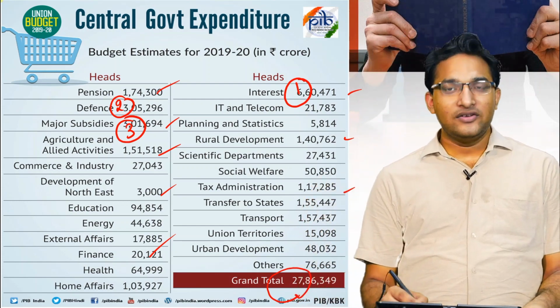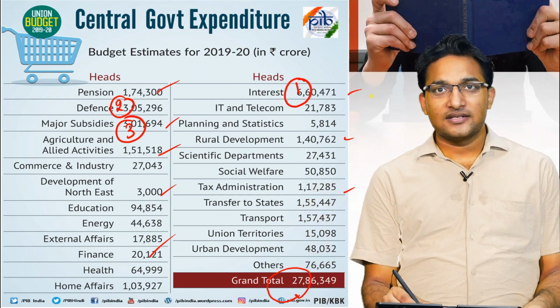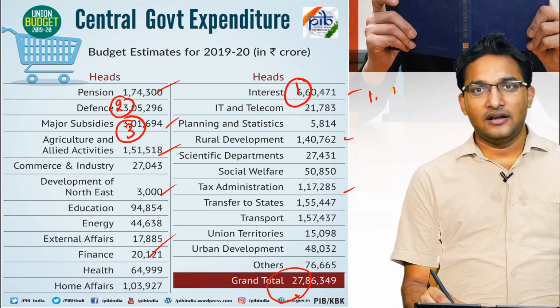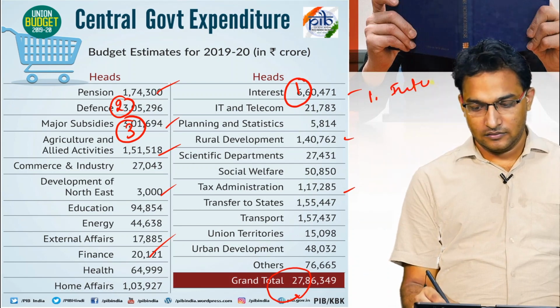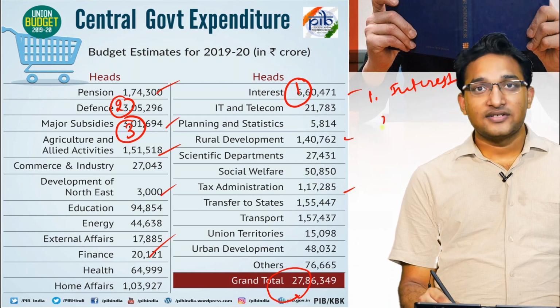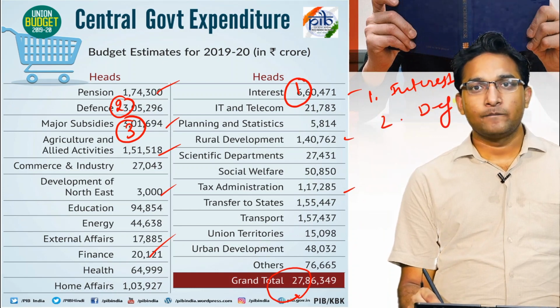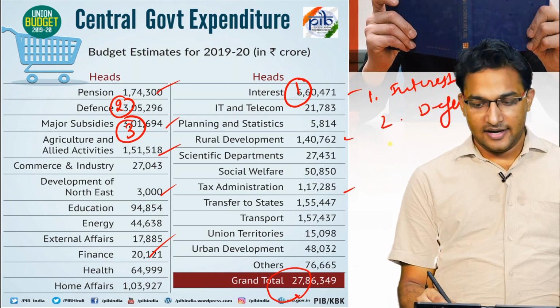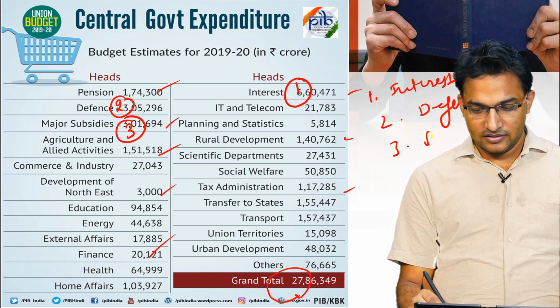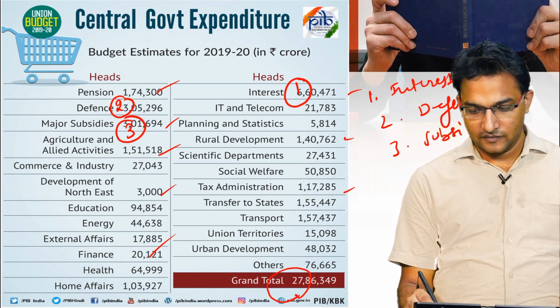So what are the three major expenses? The first one is interest, the second one is defense, and the third one is subsidies, right?